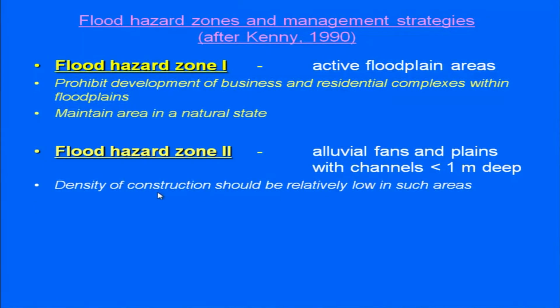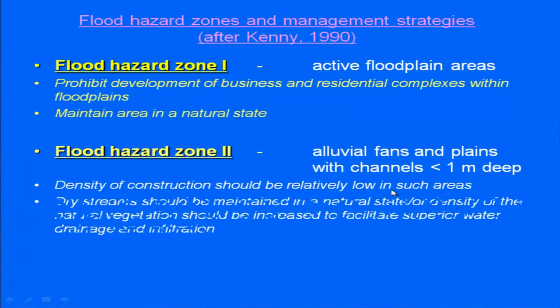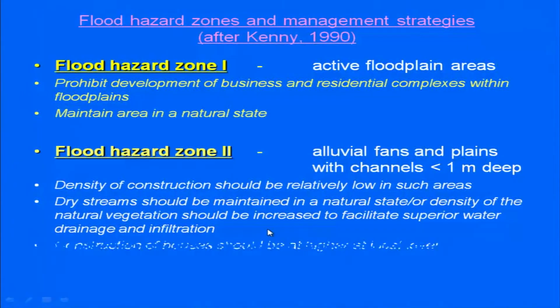So, again the density of construction should be relatively low in such regions. Dry streams should be maintained in a natural state, or the density of natural vegetation should be increased to facilitate superior water drainage and infiltration, because the vegetation will also help in infiltration.